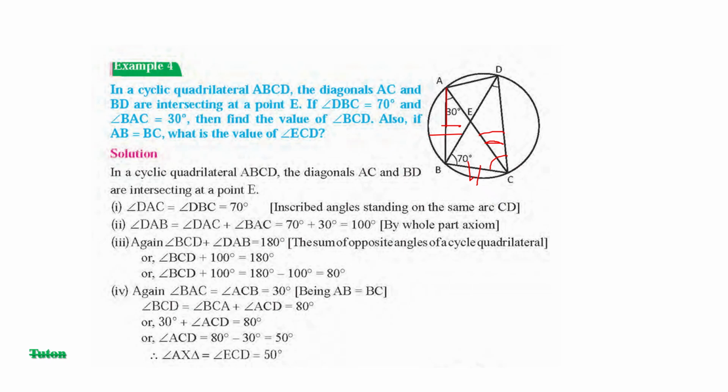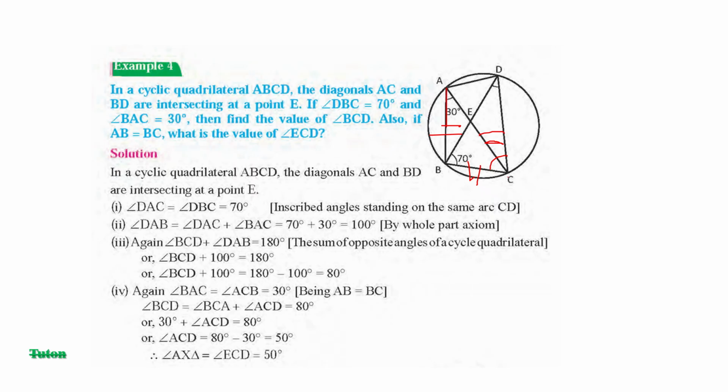For solving this question, we have to remember our theorem 3, which suggests that the sum of the opposite angles for the cyclic quadrilateral is supplementary, or 180 degrees. Now let us first go to our first step.